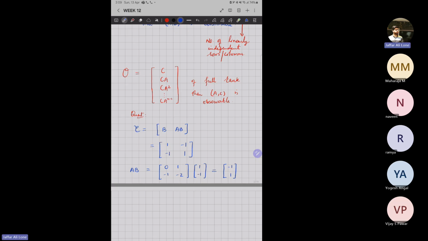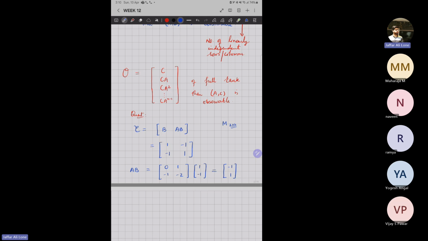So now let's see the rank. Or in simpler words, we check the determinant. If I have a 2 by 2 matrix and the determinant is non-zero, then this matrix is of full rank.